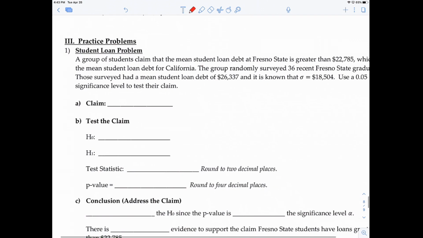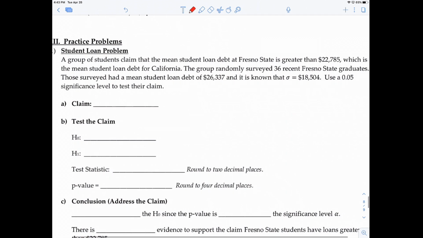The problem says: a group of students claim that the mean student loan debt at Fresno State is greater than 22,785, which is the mean student loan debt for California.